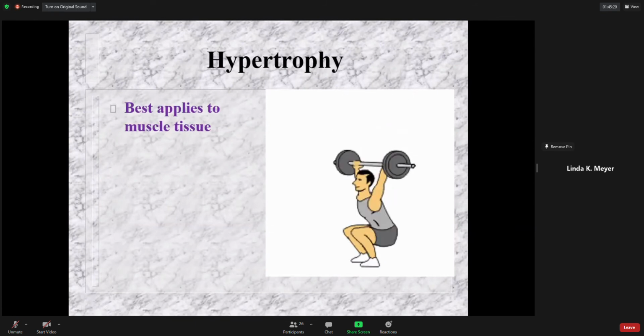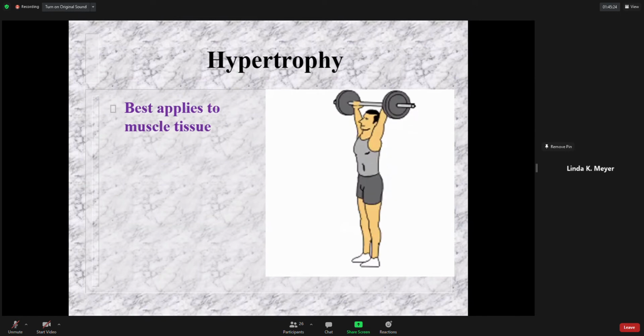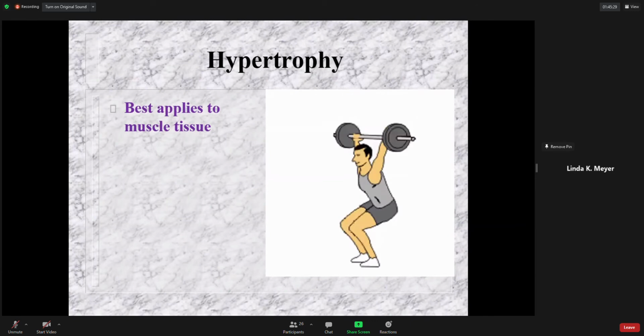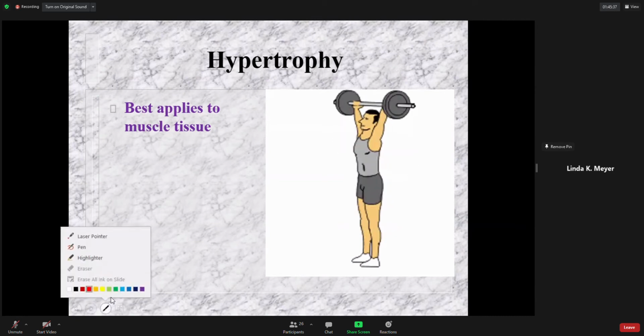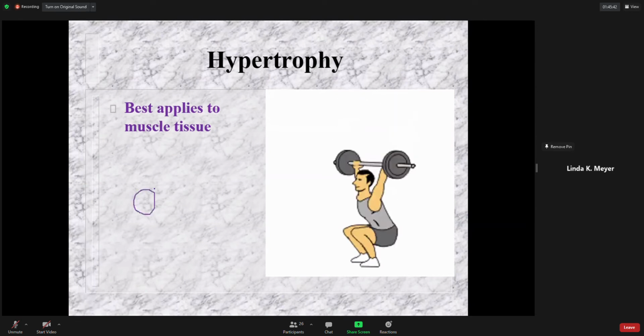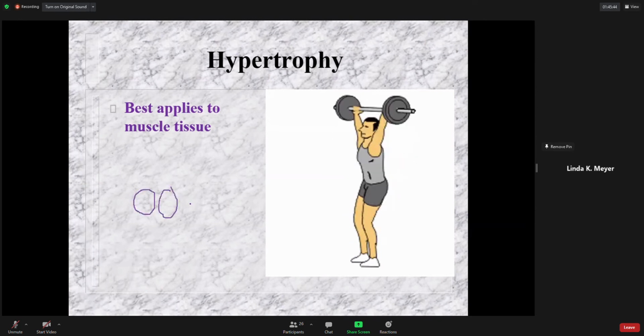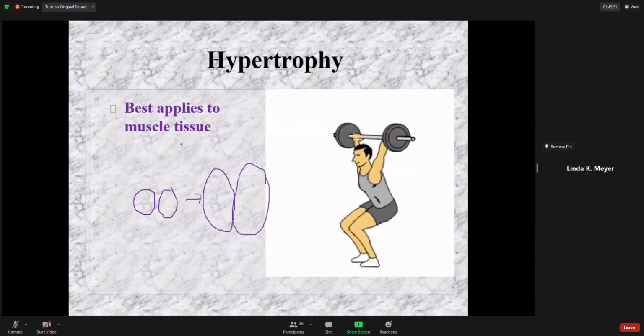Okay, so let's first look at hypertrophy. So here we see an increase in the size of an organ due to an increase in the size of its component cells. So if I just show two cells, what happens in hypertrophy is they enlarge, which overall increases the size of the tissue.